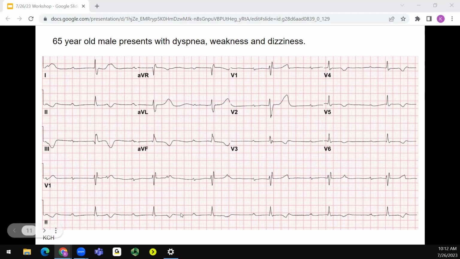What do you guys think? Just look at this rhythm lead here. Someone says first degree heart block. Someone says third degree.